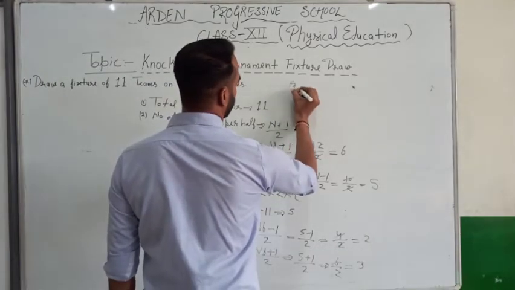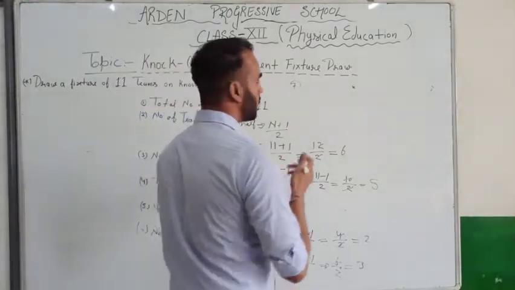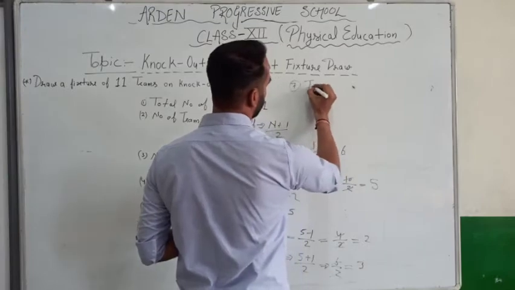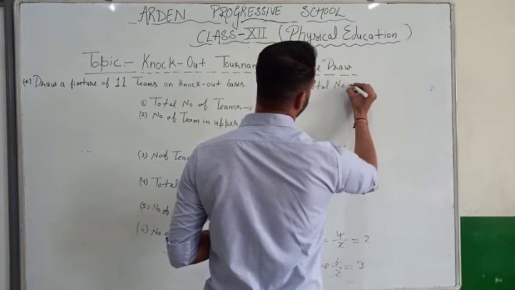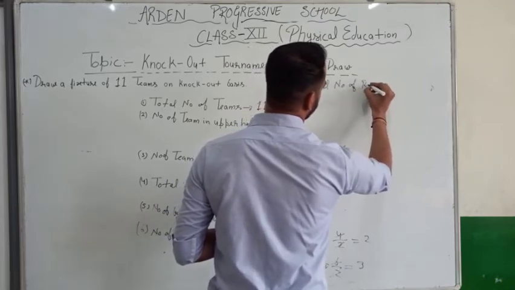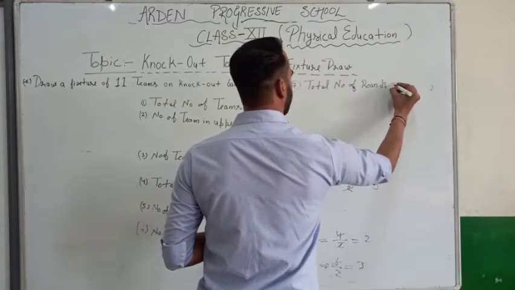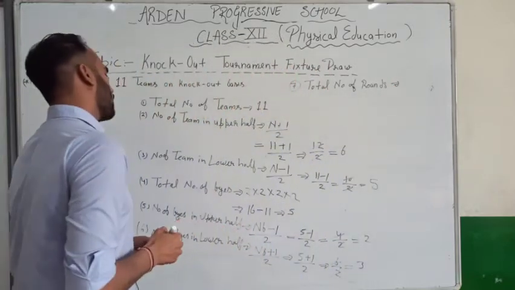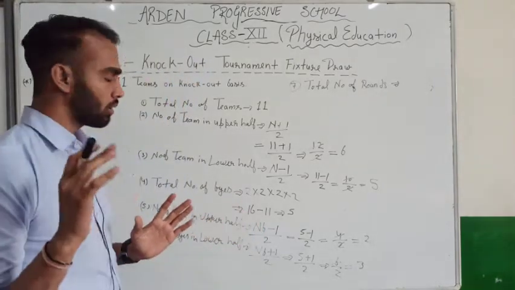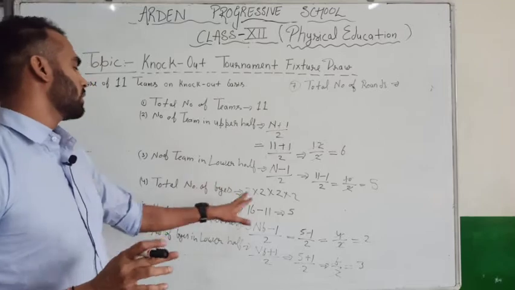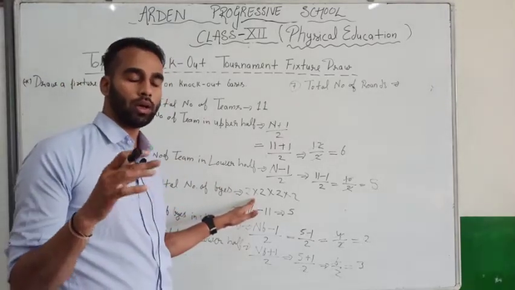Okay class, so now our next point is the total number of rounds. Okay class, so we compute the total number of rounds like this. You can see how many powers of 2 we used.